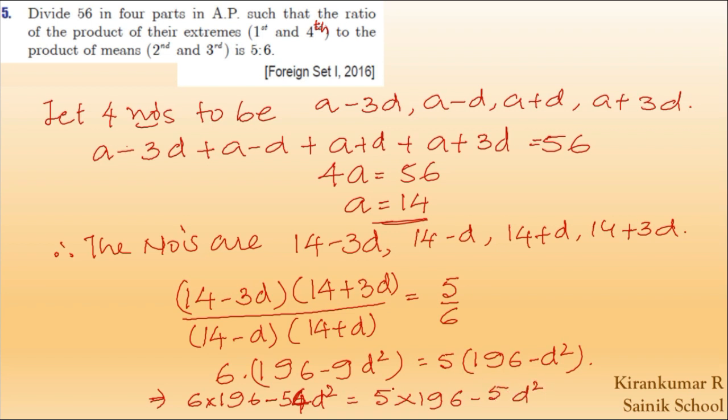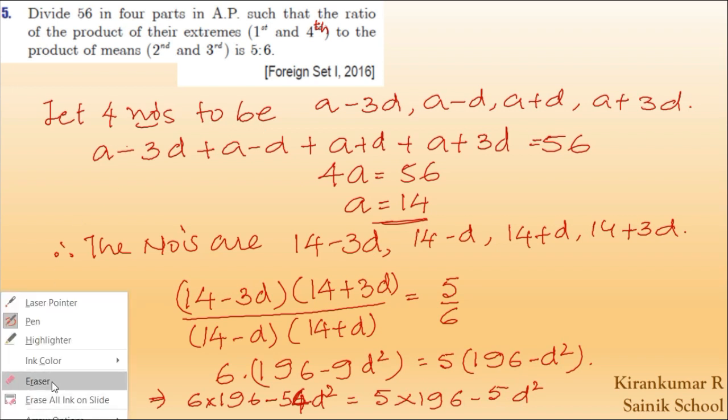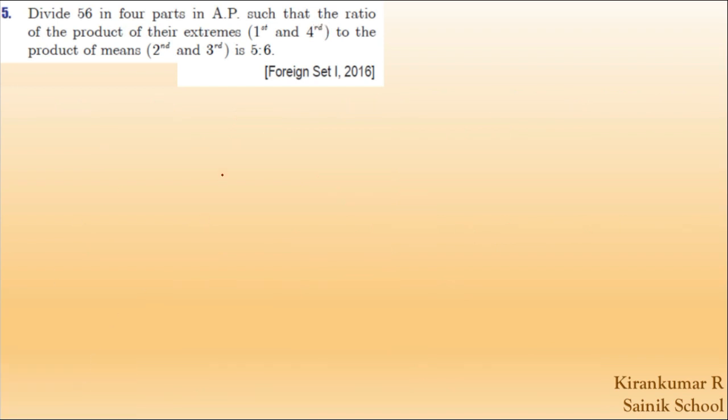If d square is taken together, we get minus 54 and plus 5, which will be minus 49. So the value of d square will be equal to 196 by 49, which will be 4. So the value of d is plus or minus 2.